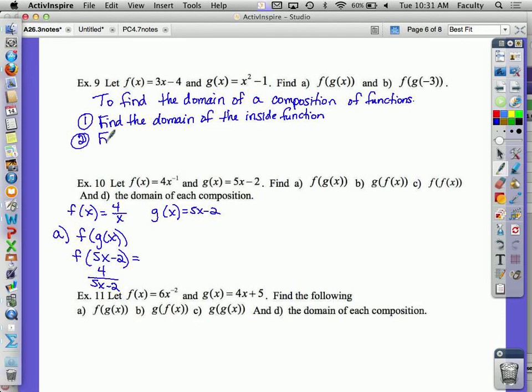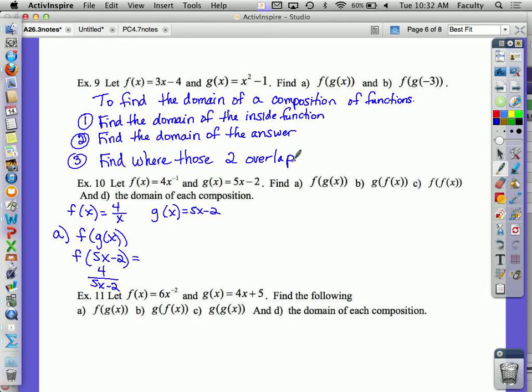Step 2, find the domain of the answer. Step 3, the domain of your composition is where these two overlap. And this will make more sense as we do more of these.